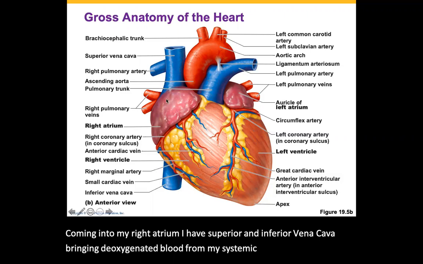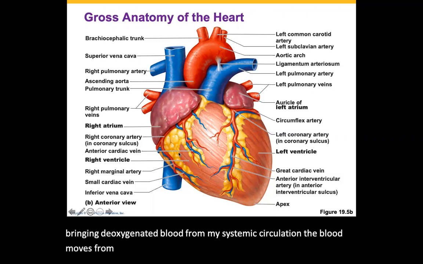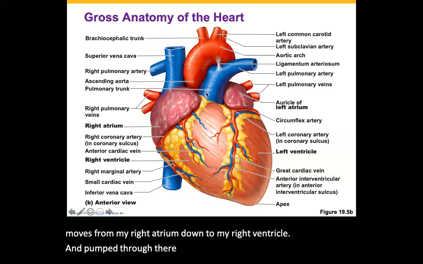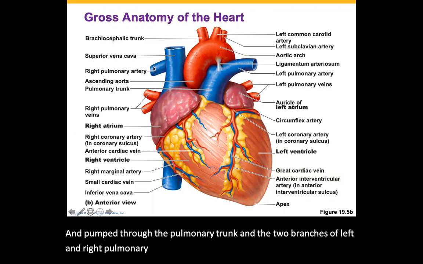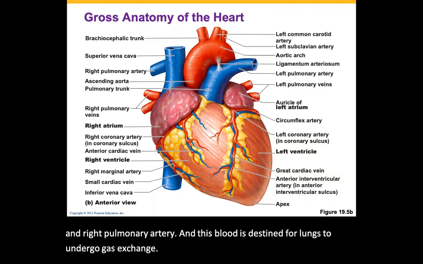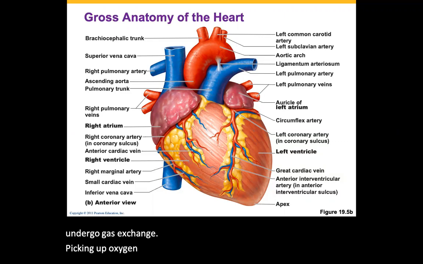The blood moves from my right atrium down to my right ventricle and is pumped through the pulmonary trunk and the two branches of the left and right pulmonary arteries. This blood is destined for the lungs to undergo gas exchange, picking up oxygen and dropping off carbon dioxide.